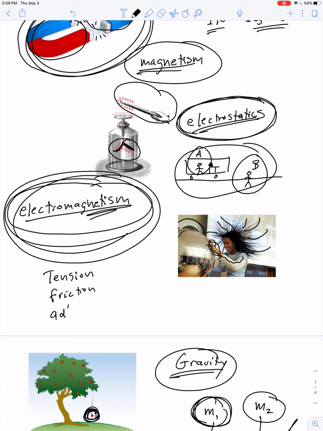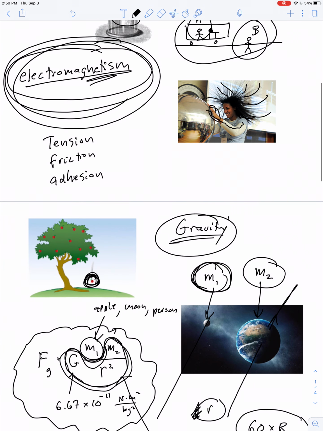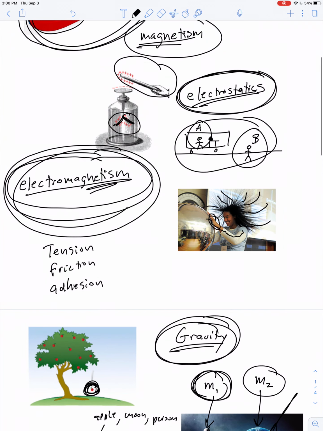Adhesion. What else? Well, just about any force you can think of that you encounter in your daily life other than gravity, right? If you see something fall down, of course, gravity is the reason it got pulled. But any other force you encounter is in some way an example of the electromagnetic force.